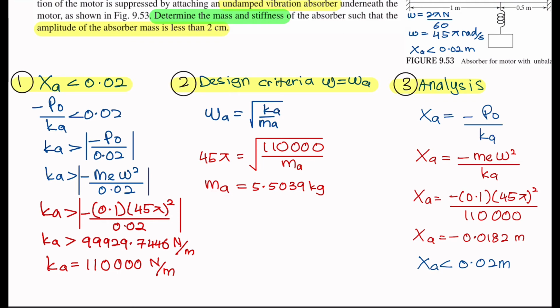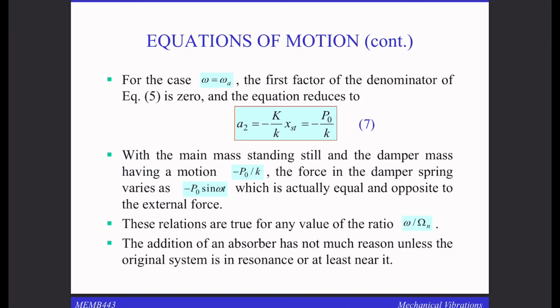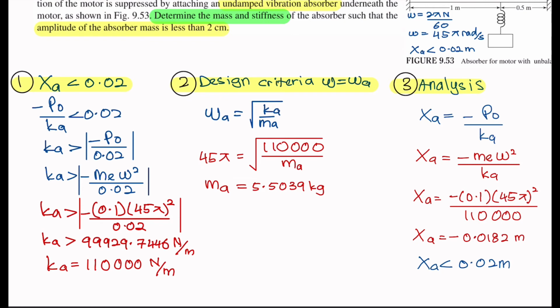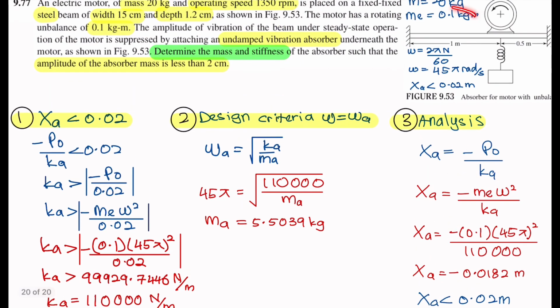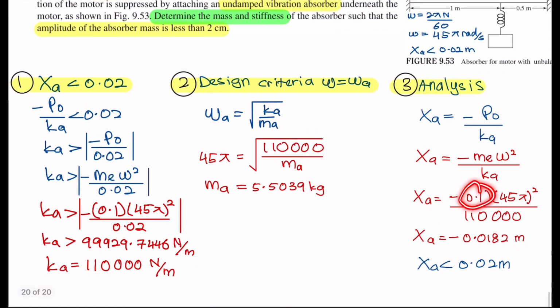Next, we want to make sure that our amplitude for the absorber is really less than 0.02 meter. So use this same formula again. Change your force, because we don't know the force, to be me omega square, where your me is 0.1, same value as before, and your omega is 45 pi.